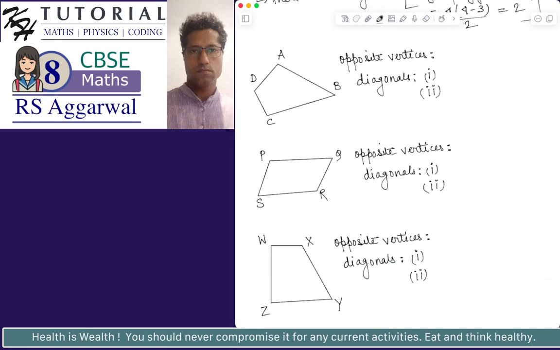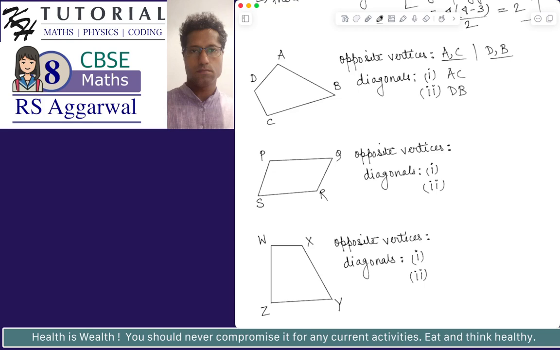So first, obviously, as you can see, D and B are opposite vertices. So for this quadrilateral ABCD, opposite vertices are one is A and C, and the other one is D and B. So A and C will make one diagonal, that is AC, and the vertices D and B will make another diagonal, that is DB.